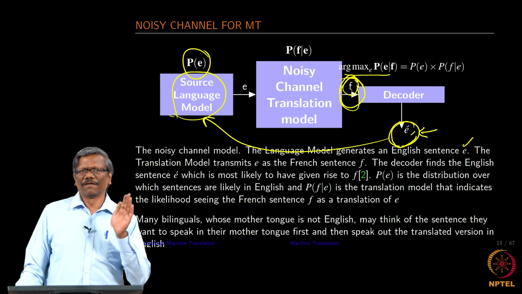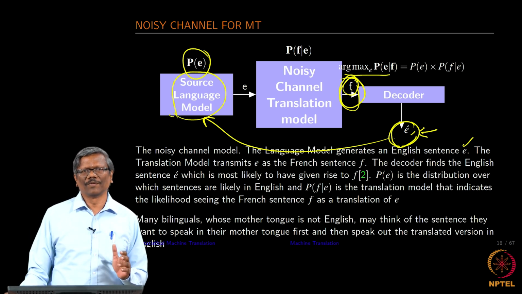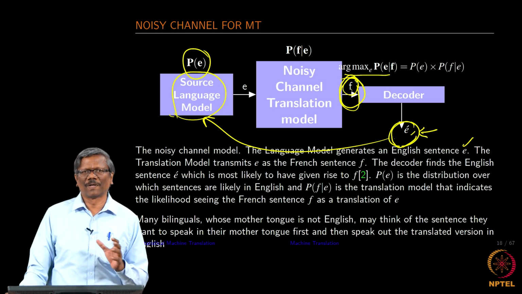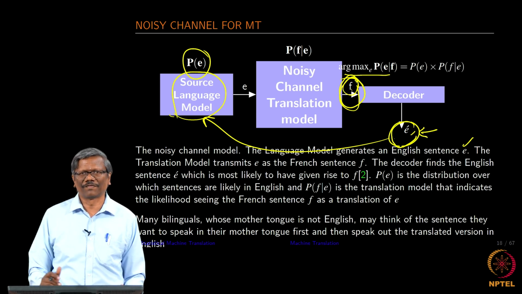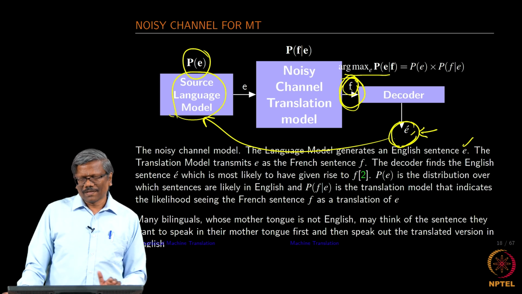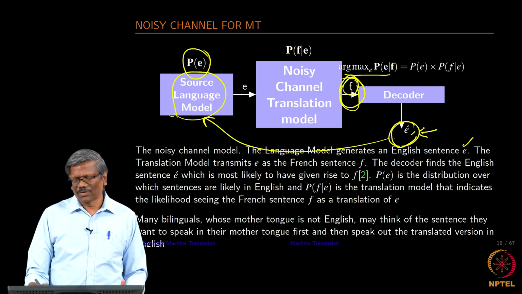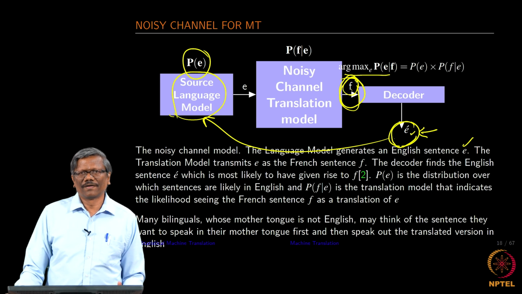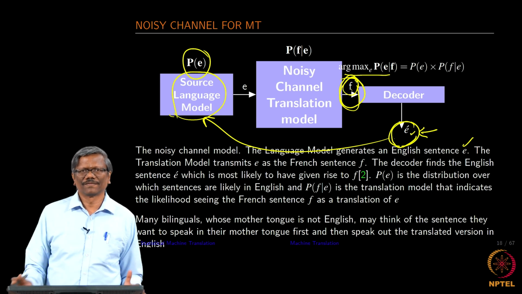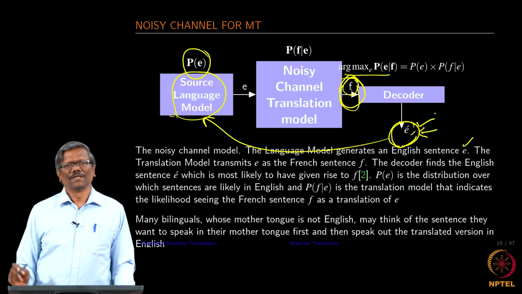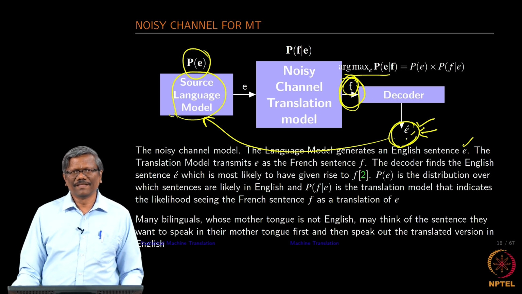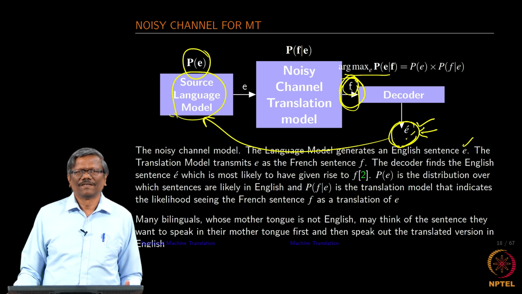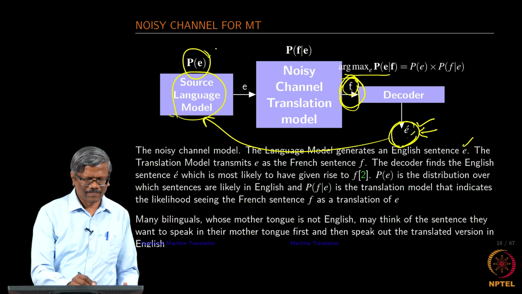We have already seen that there is a probability model that we can generate for a language using bigrams and trigrams. We will have some recap after this, and then apply that onto the decoded language and see how close it is. So, we would be able to estimate this and find out whether this E that is decoded is good enough to be called a good translated sentence using the model.